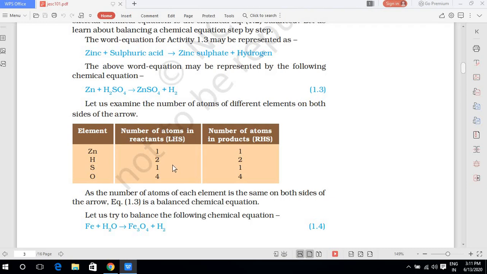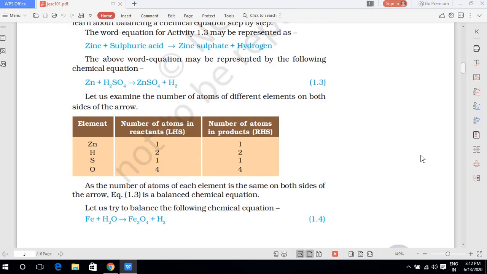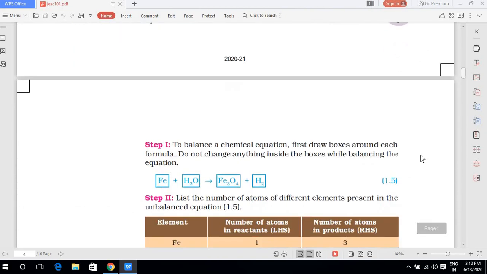It's not like before reaction sulfur was 1 and after reaction it becomes 2 or 3. Before and after, the number of the identity will remain the same. If sulfur is 1 before reaction, after reaction it will be 1. If oxygen is 4, then it will be 4 only. So if it is like this, then it is called a balanced chemical equation, and it is the correct form.